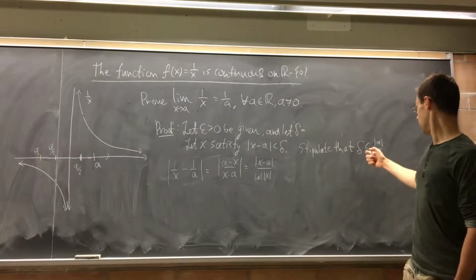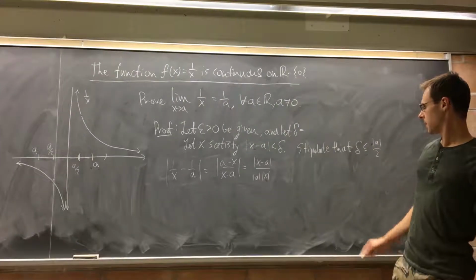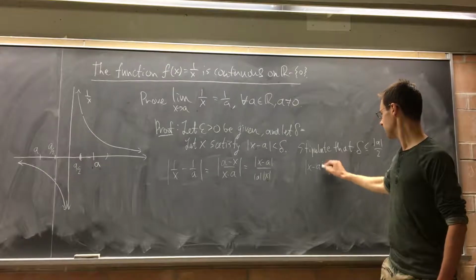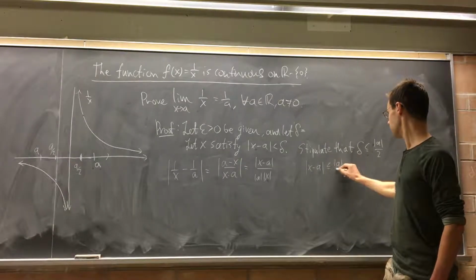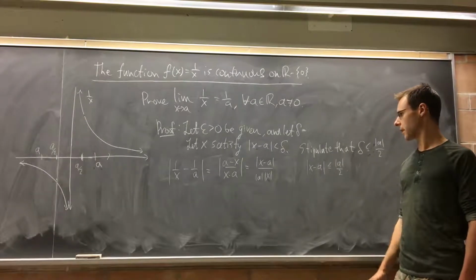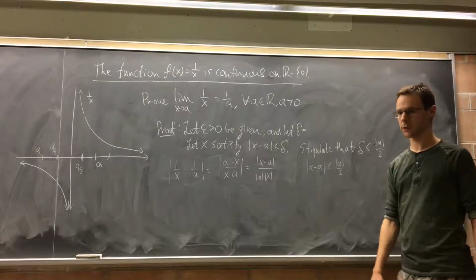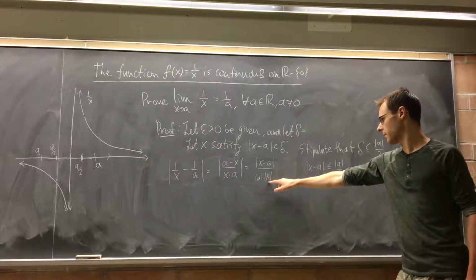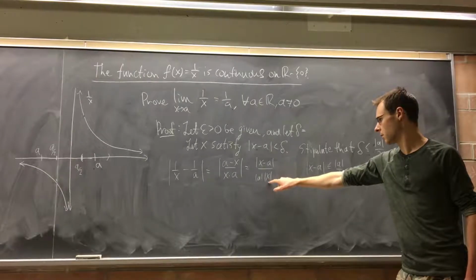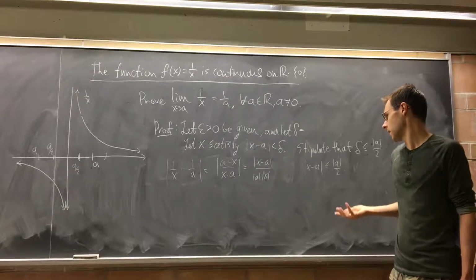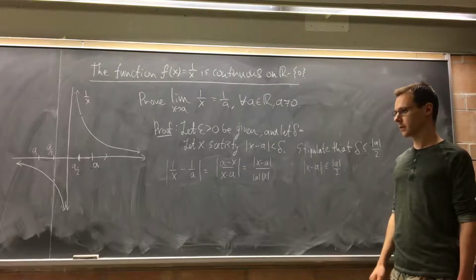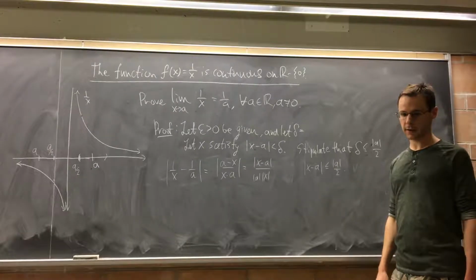So we make that stipulation, and now we begin with our abs x minus A less than or equal to abs A over 2. Okay? And we figure out an upper bound on 1 over x. In order to get an upper bound on 1 over x, we need a lower bound on x, or on abs x. And for that, the reverse triangle inequality comes in.